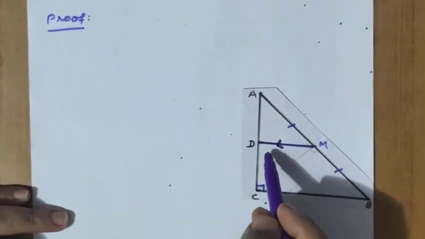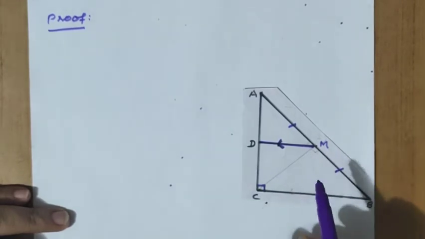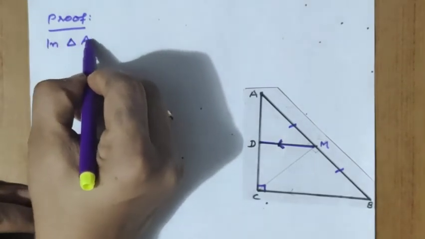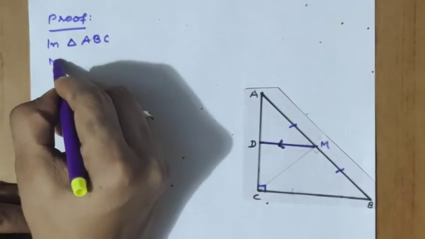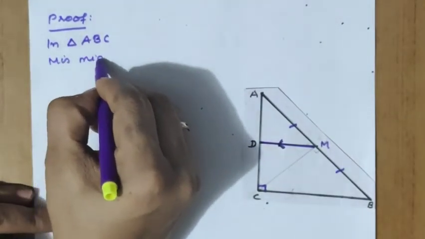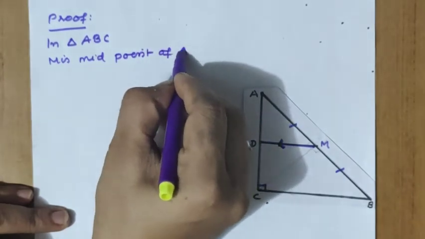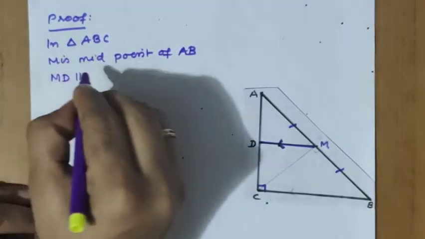M is the midpoint of AB and MD parallel to BC. So which theorem can we apply here? Converse midpoint theorem. So we take the triangle ABC, where M is the midpoint of AB, and MD parallel to BC.